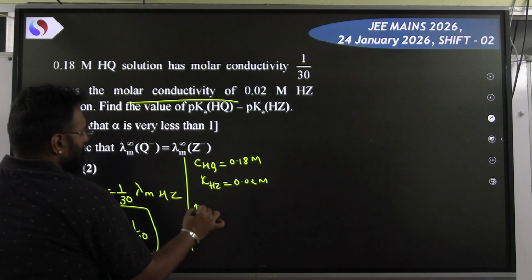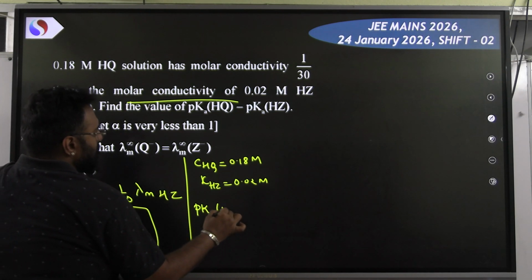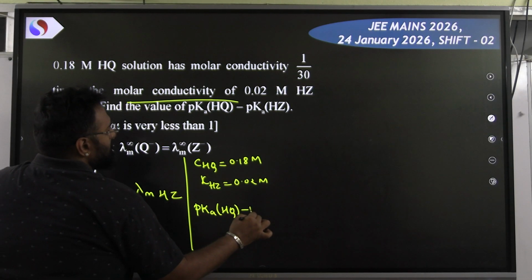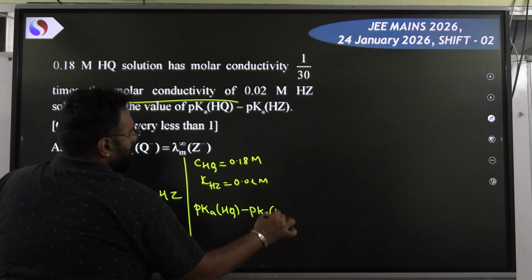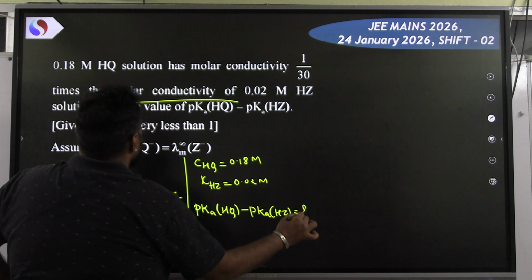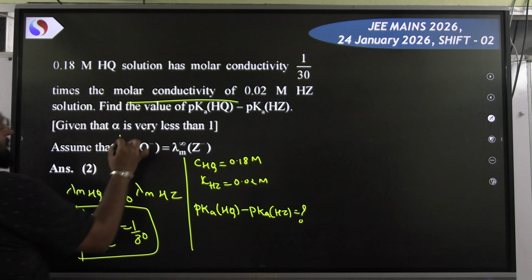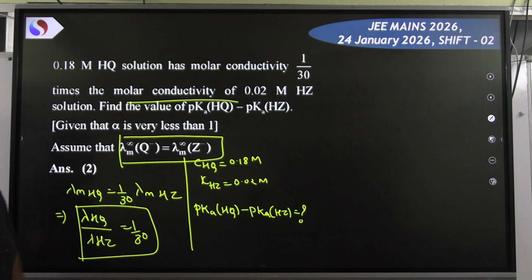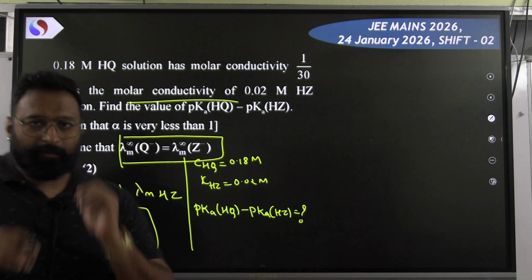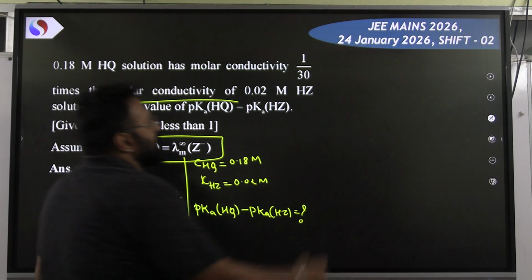We need to find pKa of HQ minus pKa of HZ. This we need to find, correct? And assuming lambda infinity is the same for both cases, this is said in the question. Now let us analyze everything.